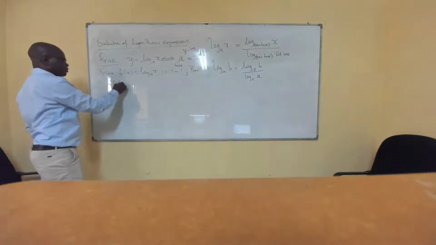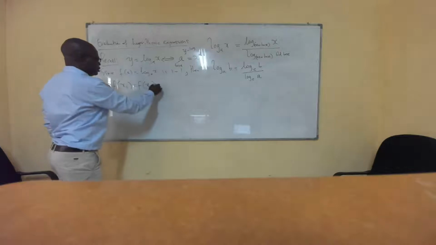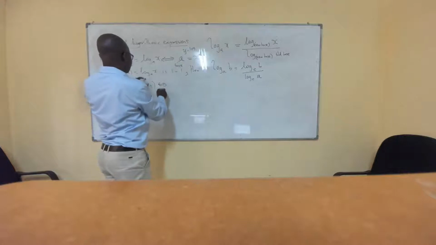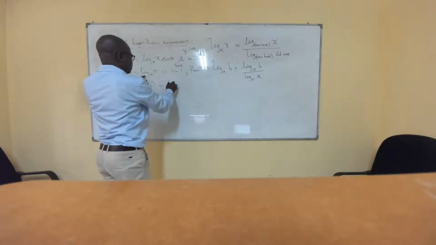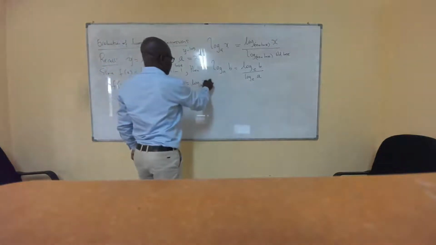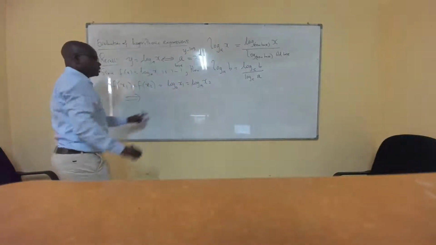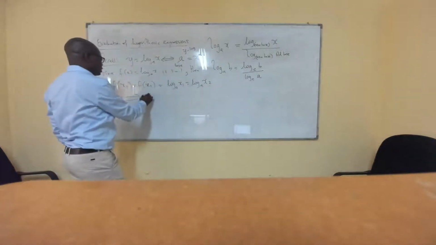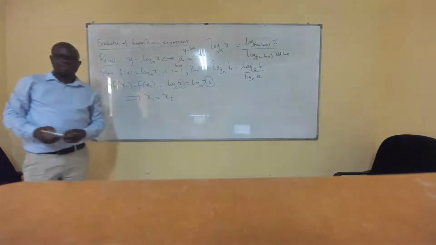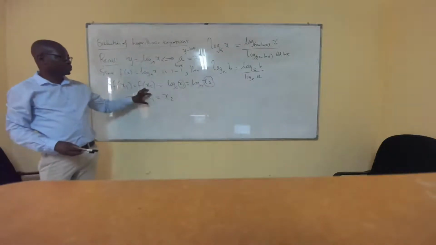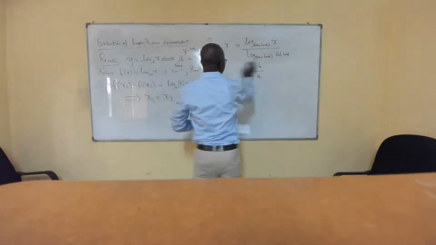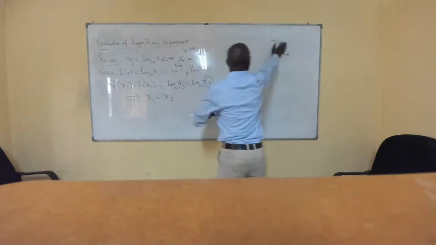Whenever we have log to base a of x1 equals log to base a of x2, it means the two arguments, x1 and x2, must coincide. So we'll use this fact to evaluate logarithmic expressions.